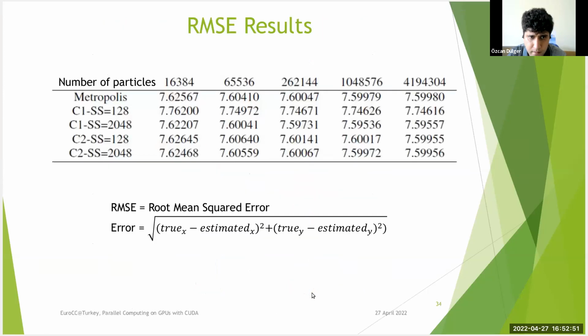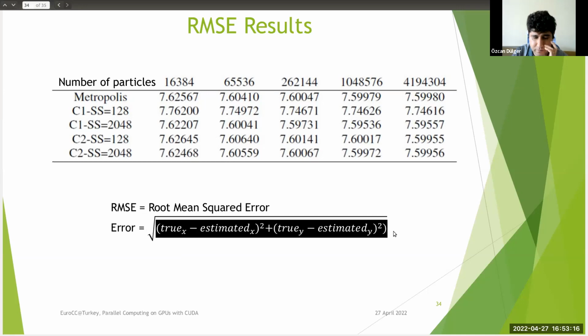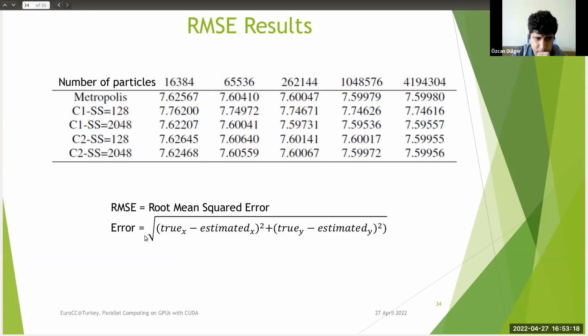Okay, and these are the quality results, the root mean square error of the target for our filter. This metric is the root mean square error, and it is calculated with this formula, and we get these results for different numbers of particles.